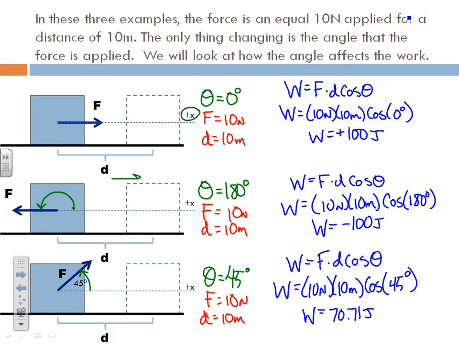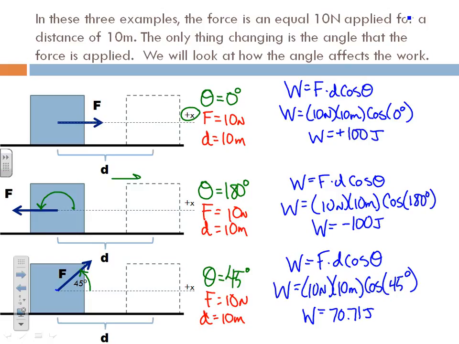So in the first one, we see that all that force is pointed in the same direction, so we're going to add 100 joules worth of energy. In the second one, the force is actually working against us. It's in the opposite direction of what we're moving, and so it's going to actually do negative 100 joules worth of work, which means we're actually going to take 100 joules worth of energy away from this object.